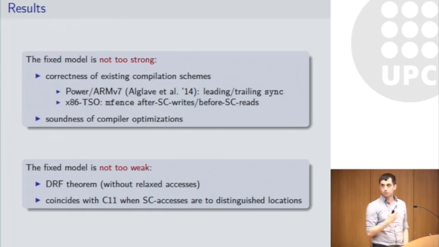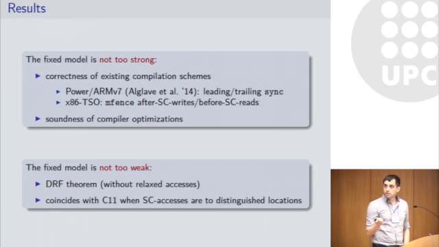It means that if you program carefully enough, you can use the other sorts of accesses in a way that will still guarantee you sequential consistency semantics. In particular, one simple result is that if everything is sequentially consistent, marked as SC, then you get SC behaviors. There was never a problem with this, so we still have this guarantee in our slightly weaker model.